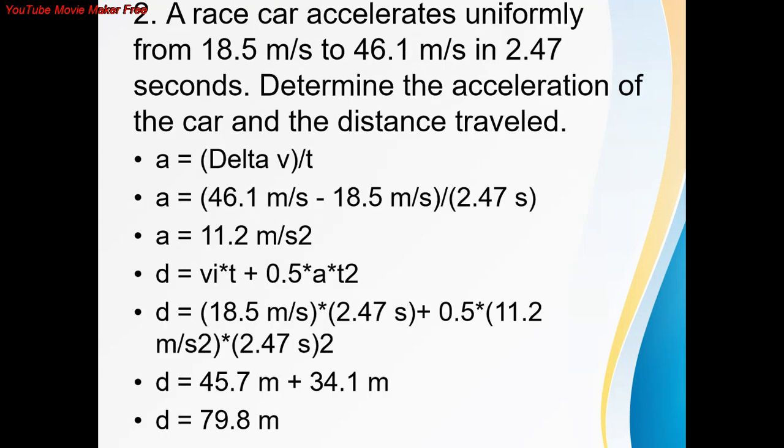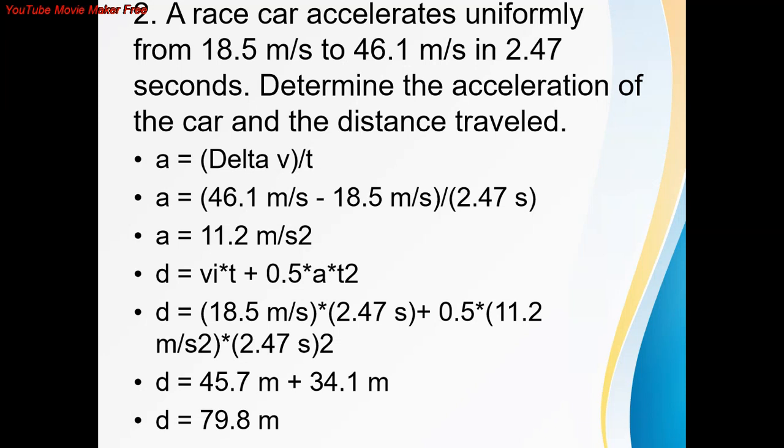The next numerical here is: a race car accelerates uniformly from 18.5 meter per second to 46.1 meter per second in 2.47 seconds. Determine the acceleration of the car and the distance traveled.